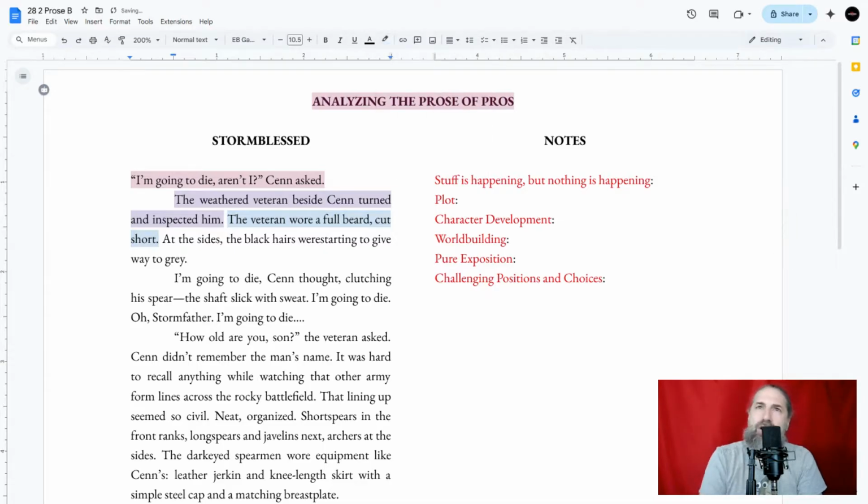"The veteran wore a full beard, cut short." Now, this is description, but it is not description for description's sake. Let me write that down. Description for description's sake.